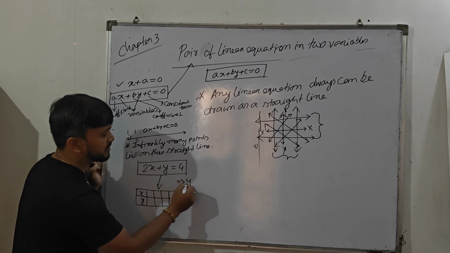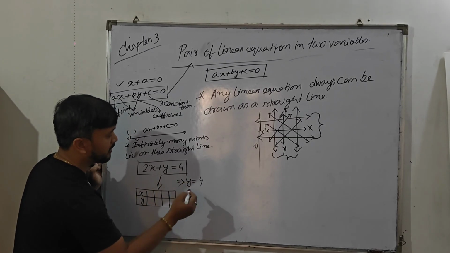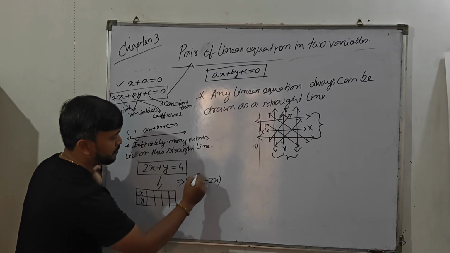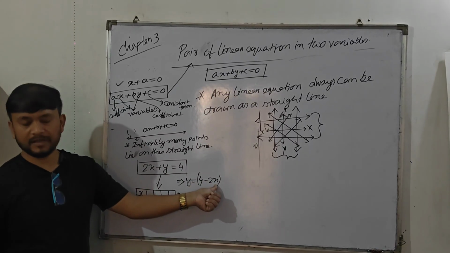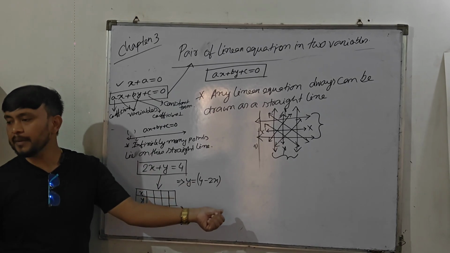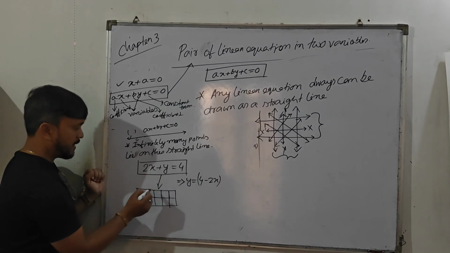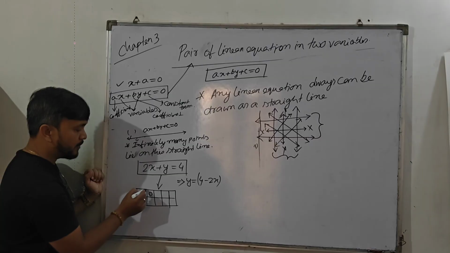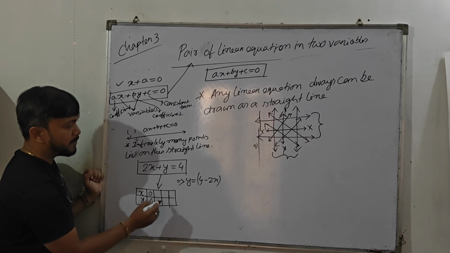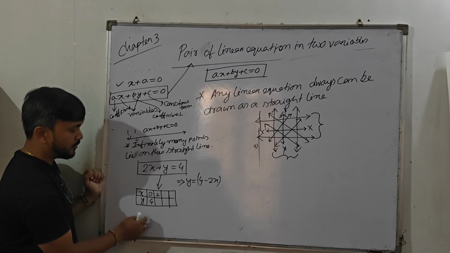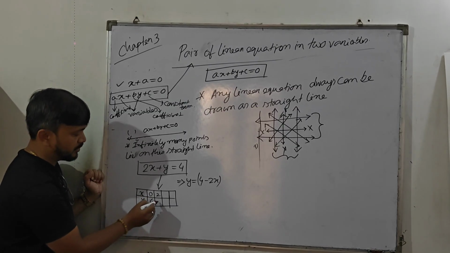Separate any one variable. Suppose I am separating y on the left hand side. This becomes y equals 4 minus 2x. Now x is the independent variable; y depends upon x. If I put x equal to 0, what will be the value of y? 4. If I put x equal to 2, what will be the value of y? 0.